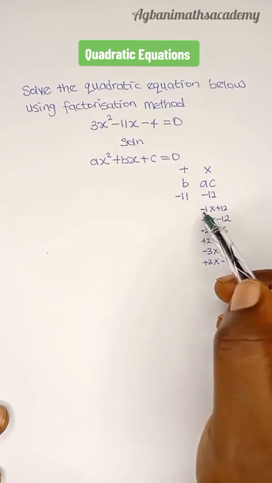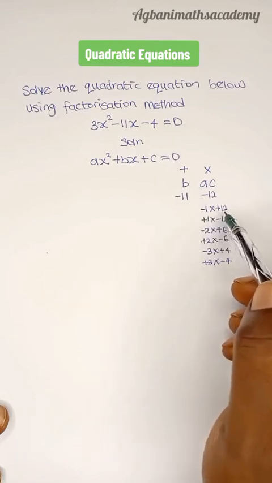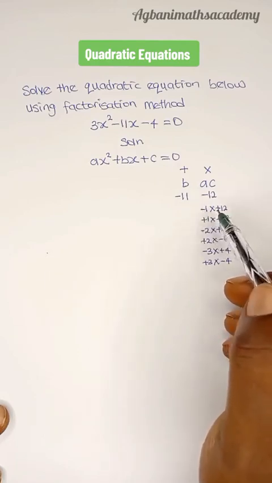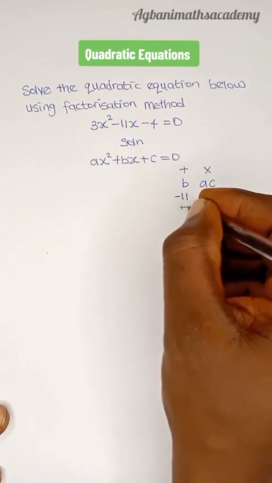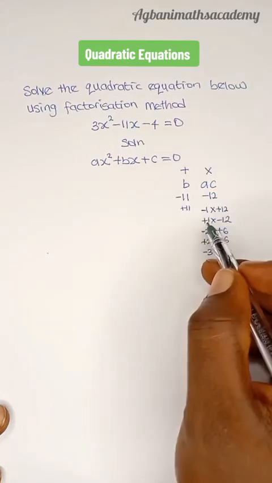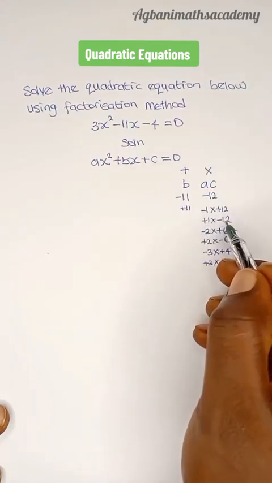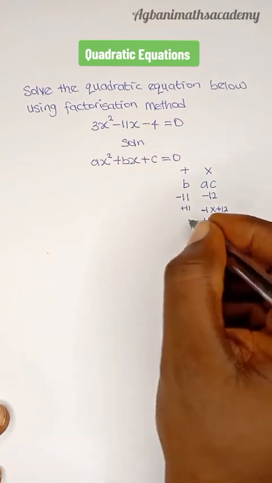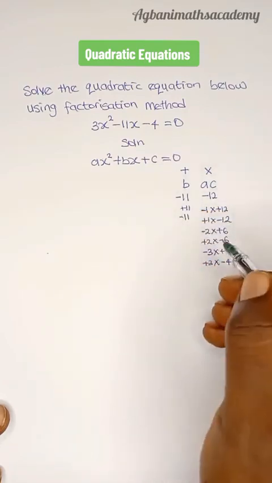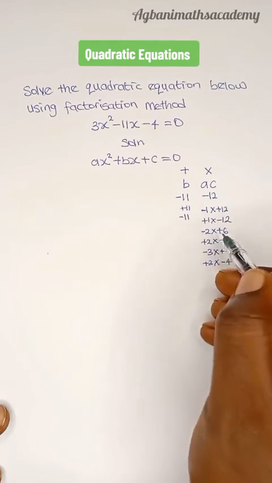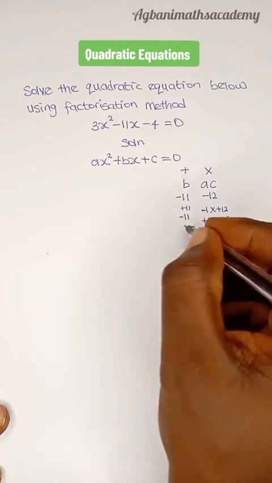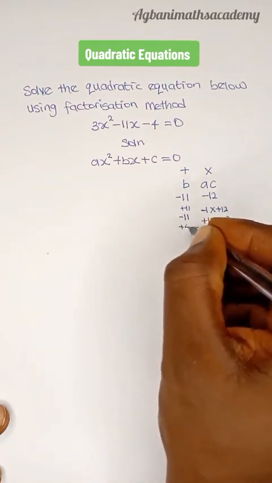So let's check it out. Minus 1 plus 12 will give us plus 11. Plus 1 minus 12 will give us minus 11. Minus 2 plus 6 will give us plus 4.